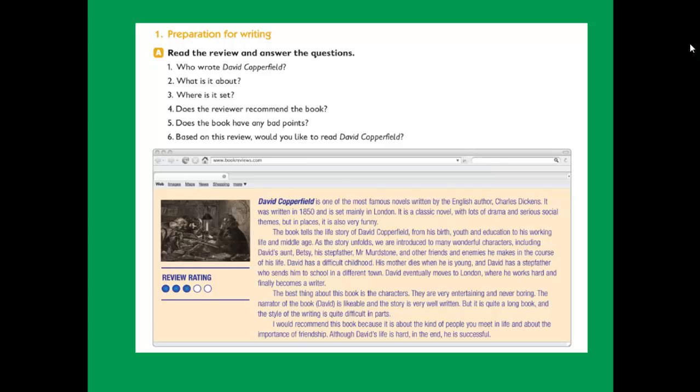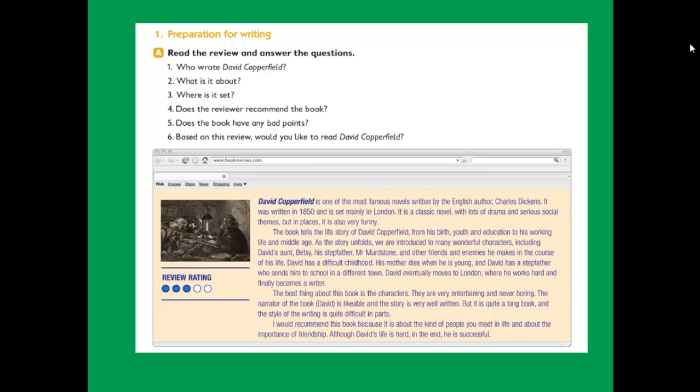Yes, I think most of you, my dear students, like to read David Copperfield because you are very clever students, and at the same time you like challenging, you like difficult things.